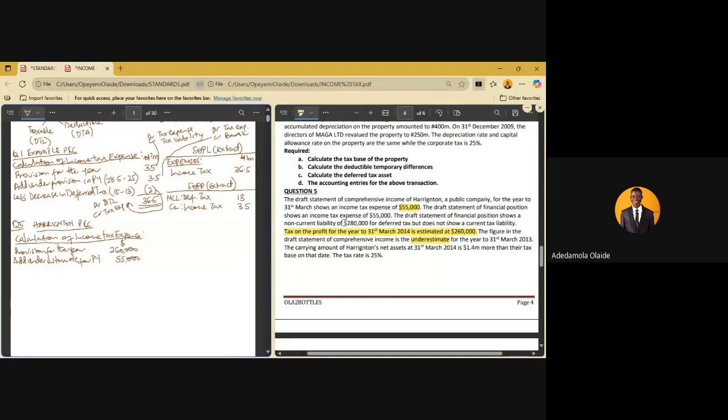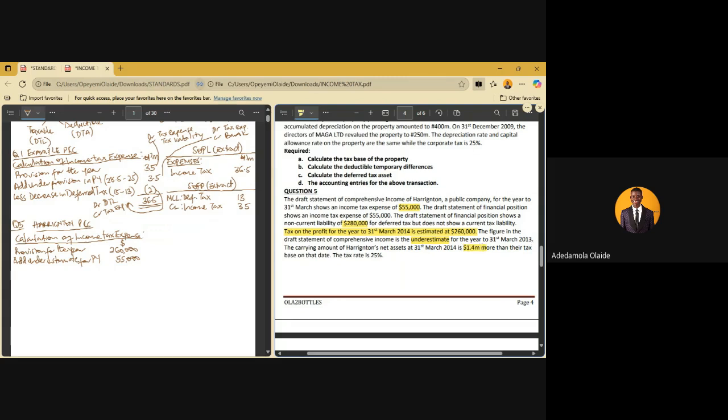Then what else do we have? They gave us the deferred tax liability in the statement of financial position to be 280,000. But you will agree with me that that would have been the opening figure. They now said the carrying amount of their net assets at the end of the year is 1.4 million more than their tax base.